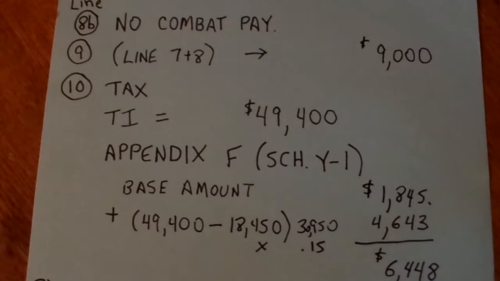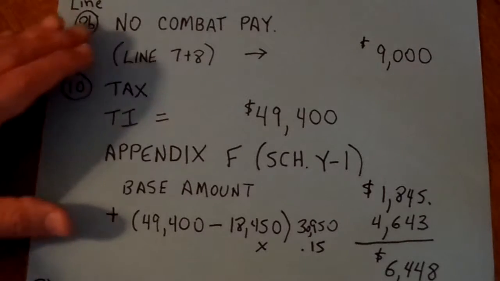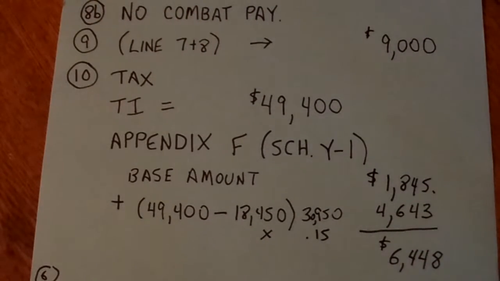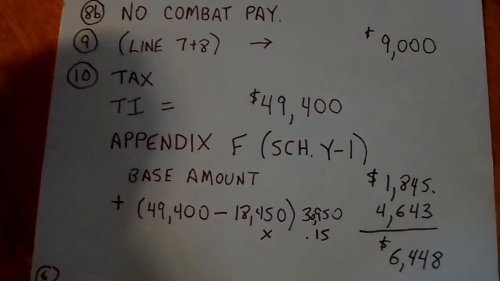They come up with $30,950. Multiply that by 15%, come up with $4,643. They add these two tax numbers together, $1,845 and $4,643. They come up with $6,448 of tax.